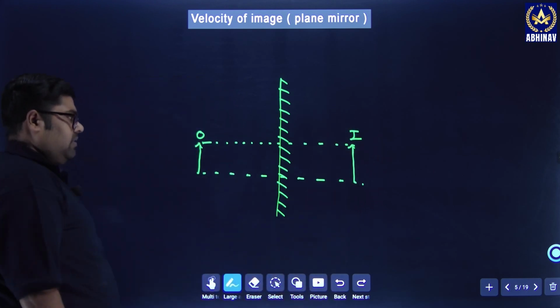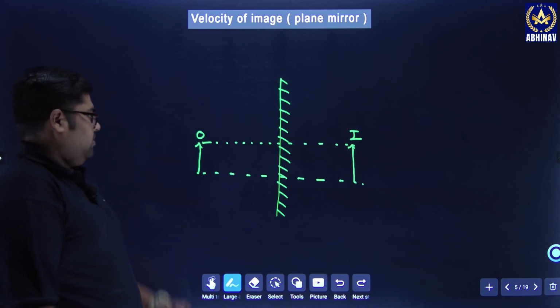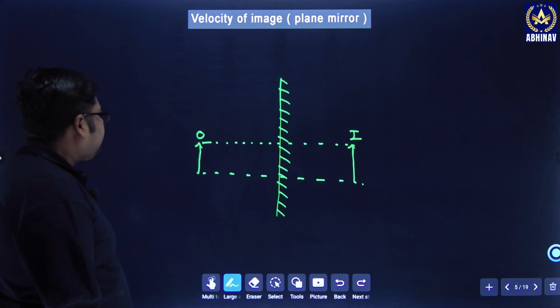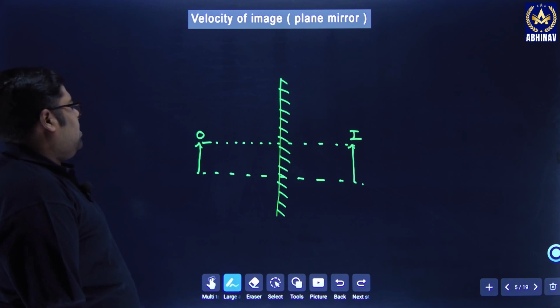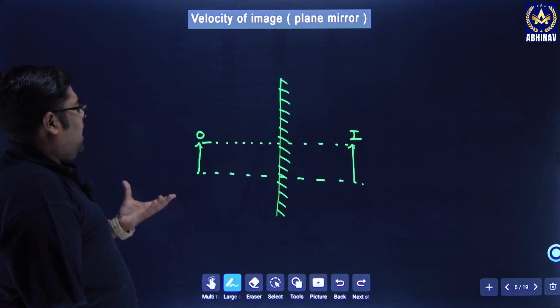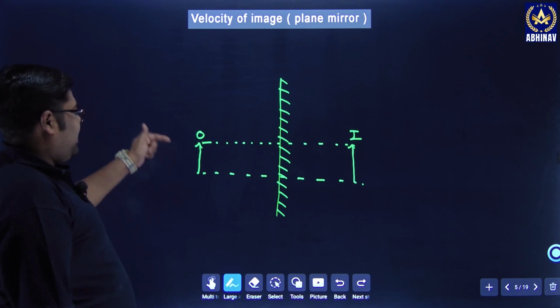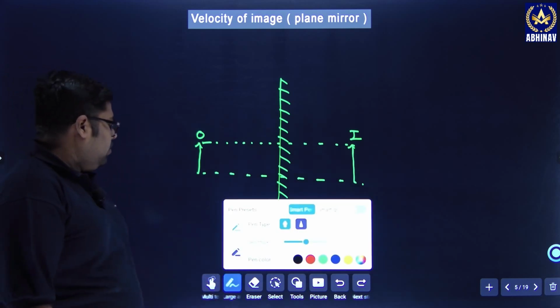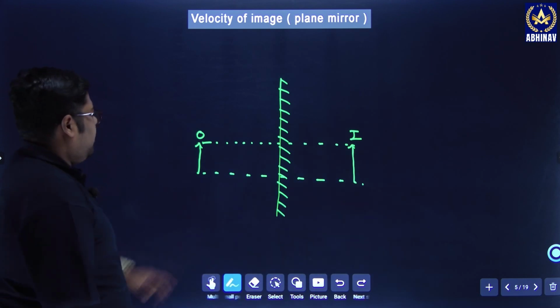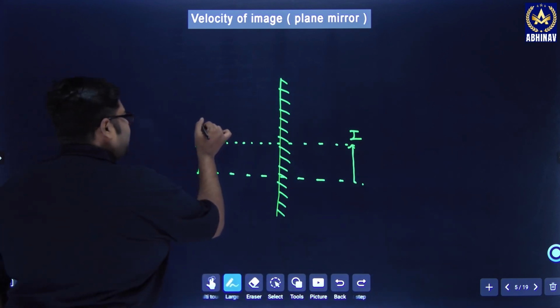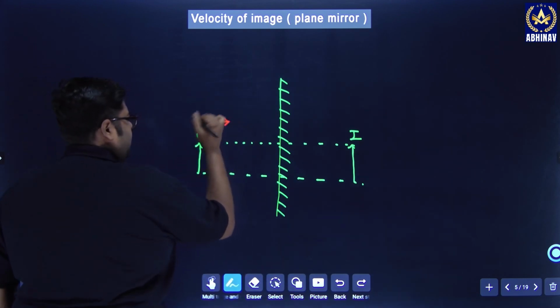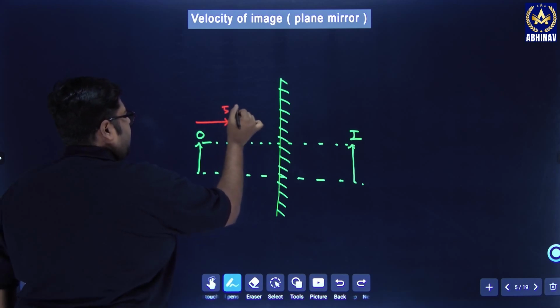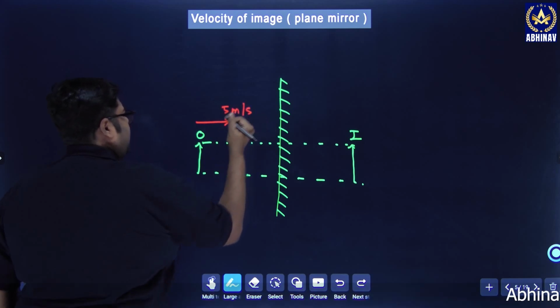Virtual and erect, and of the same size, because it's a plane mirror. Now tell me, what will happen if the object is taken towards the mirror with some velocity? So let us consider a case here. The object is taken towards the mirror, let's say with a velocity of 5 meters per second.